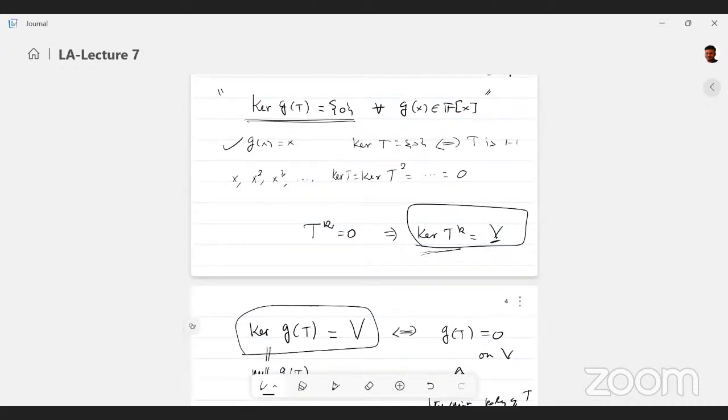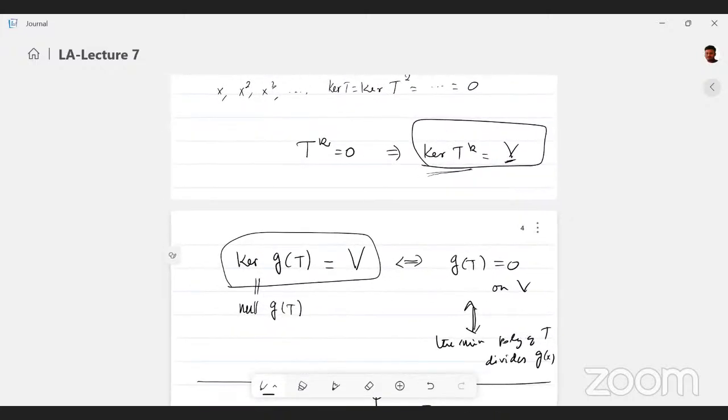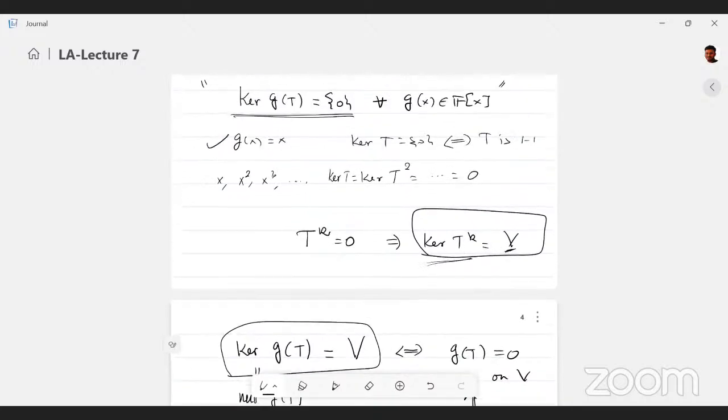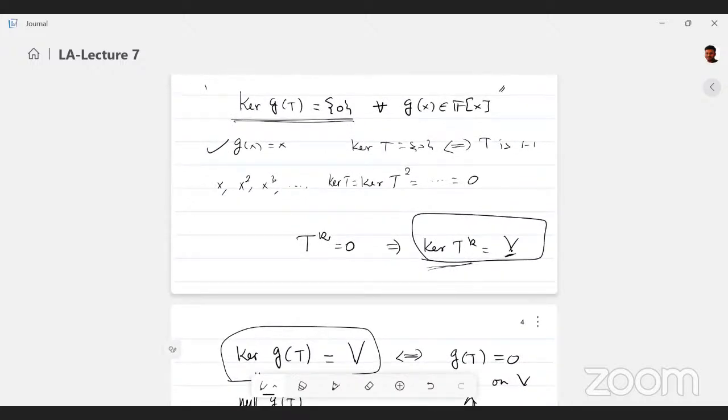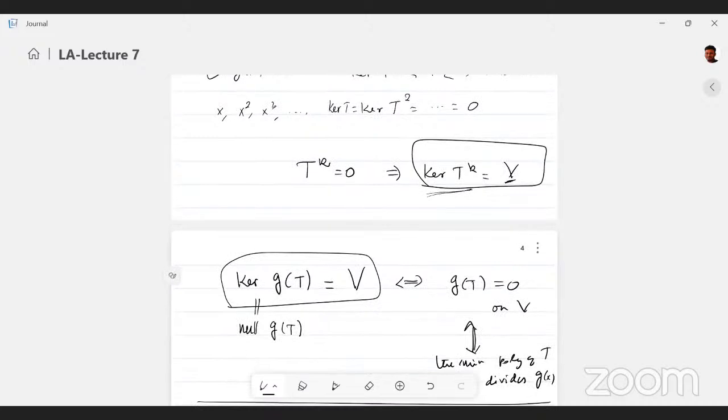We started with the kernel of g(T) for g(x) in F[x], but we realized that for a nilpotent operator, we get the entire space as the kernel of T to the power k.